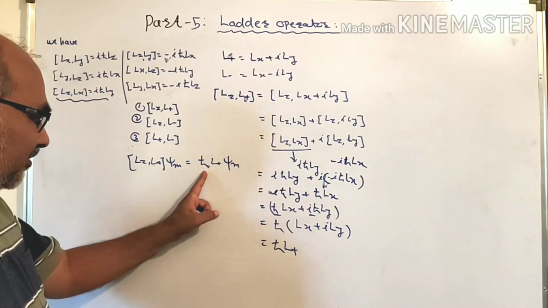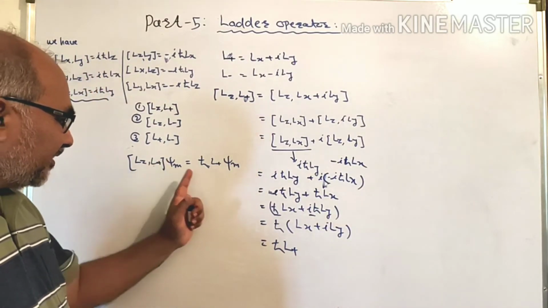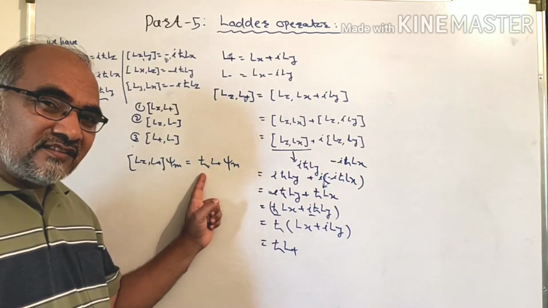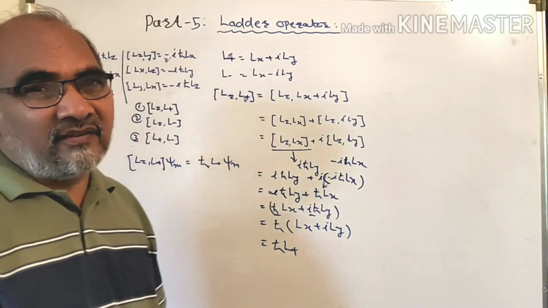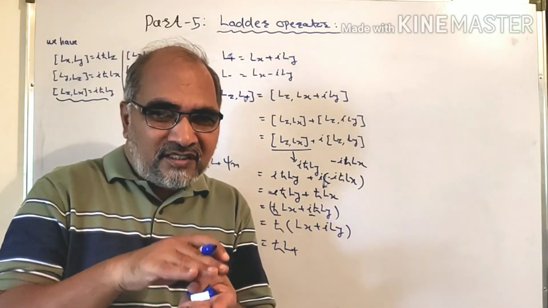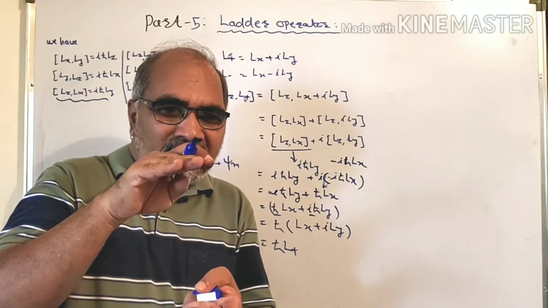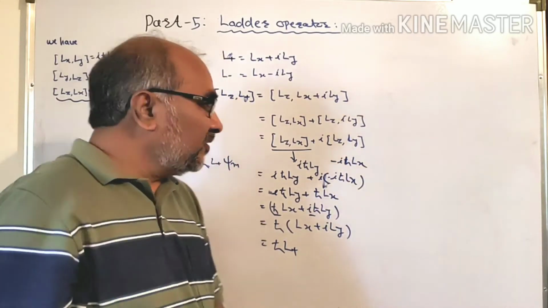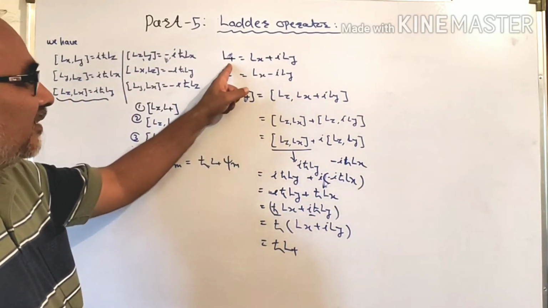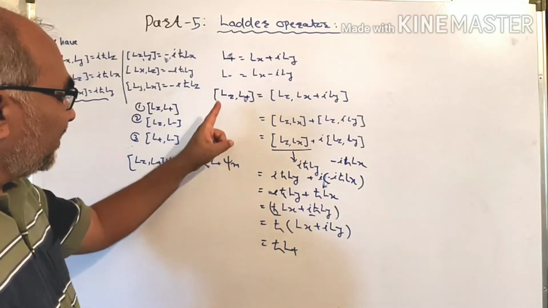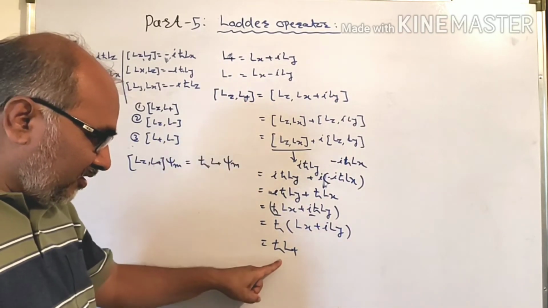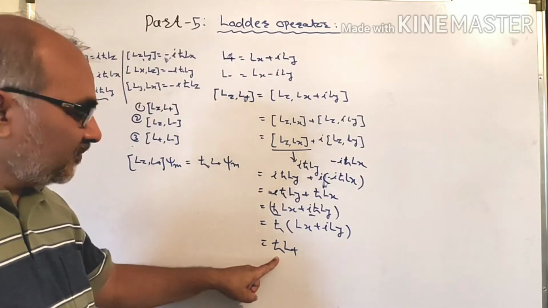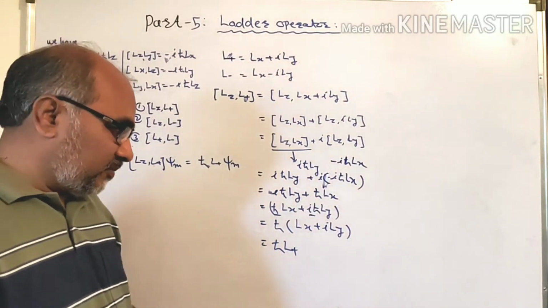This shows that the state of the system is increased by h cross. So h cross is the eigenvalue in one step; the state increases by h cross, and the second operation again increases by h cross. So this is L plus, a ladder operator: when Lz operates on L plus, the system is increased by the eigenvalue h cross.